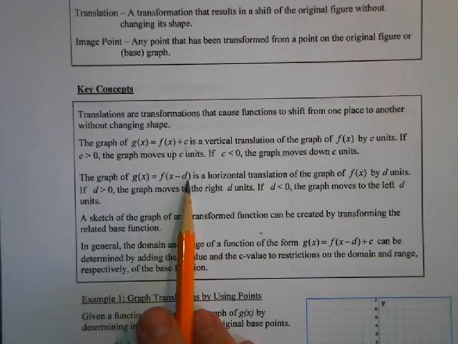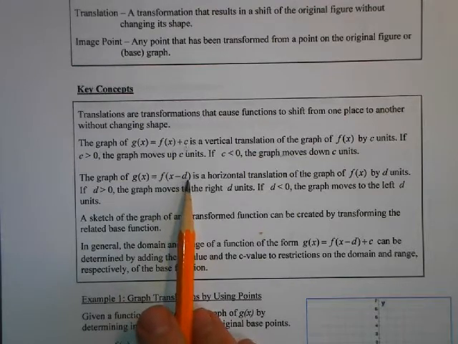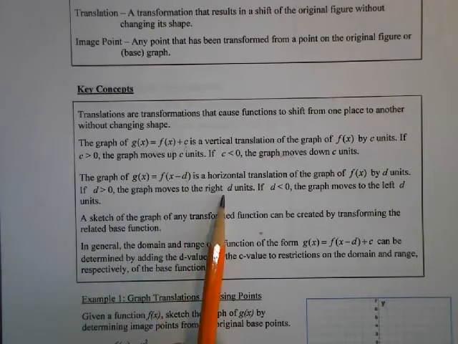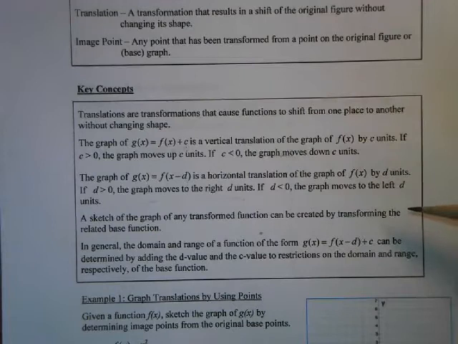Same thing happens here. So you really should be writing it as x minus d to get the correct value of d. And then once you have the correct value, if d is positive, you're shifting it d units to the right. If d is negative, you're shifting it d units to the left. Again, very similar to what we did in quadratics. We're now applying it more generically to all functions.